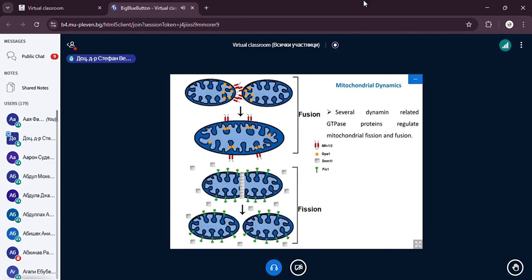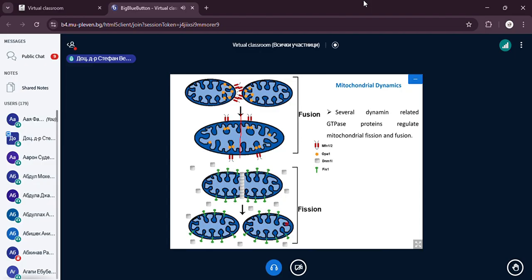Mitochondria are unique organelles also because they have the ability to fuse with each other, so 2 separate mitochondria can fuse to form one large mitochondrion. And also one mitochondrion can divide to produce 2 identical new mitochondria. So mitochondria are capable of fusion and fission.